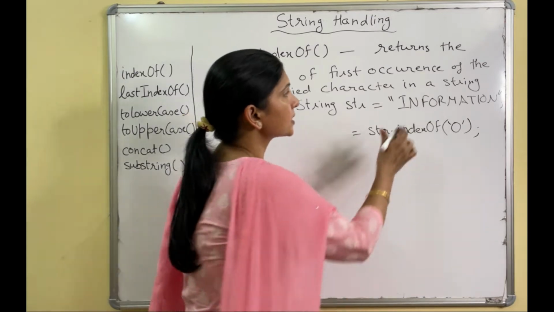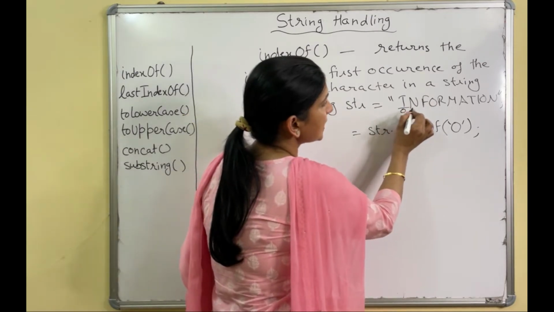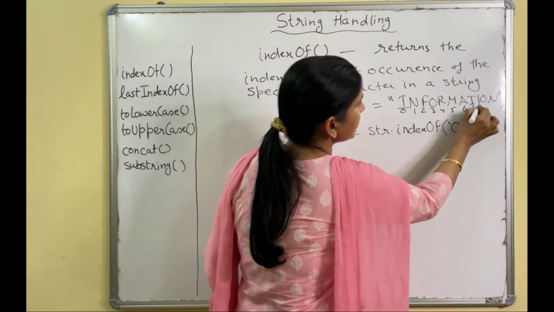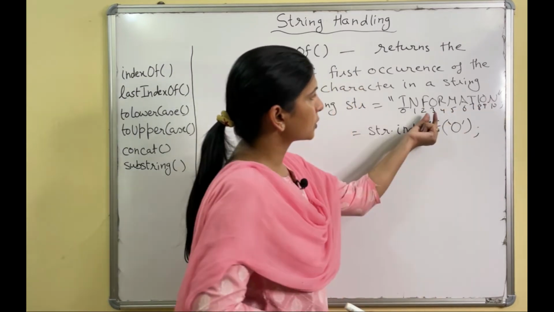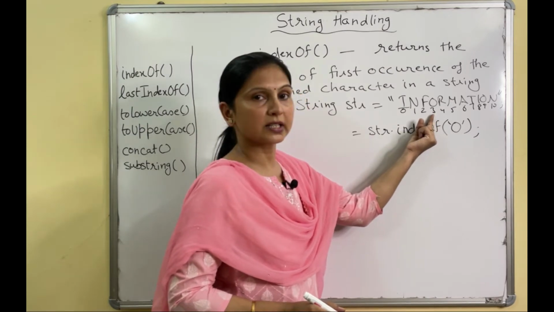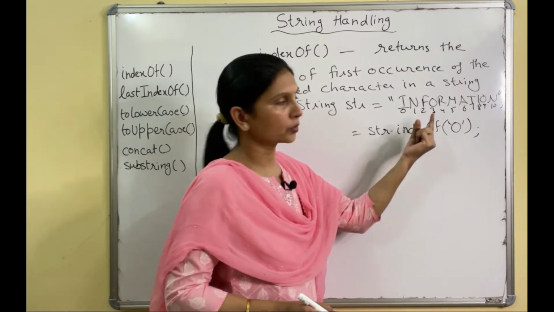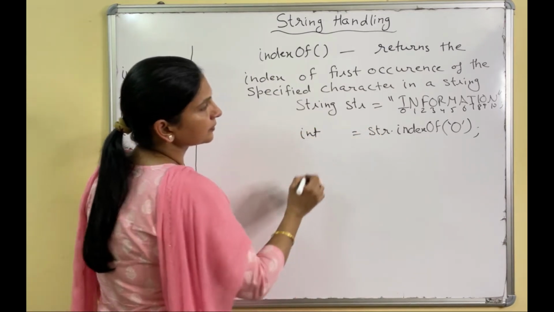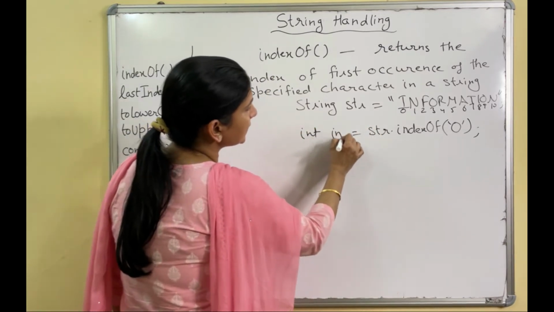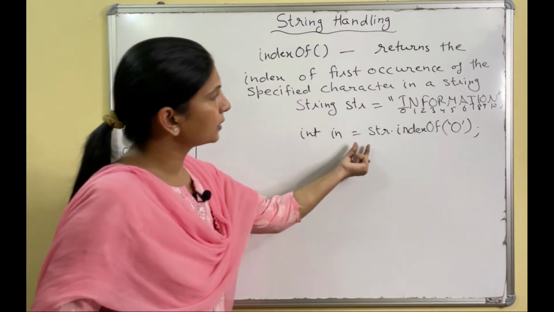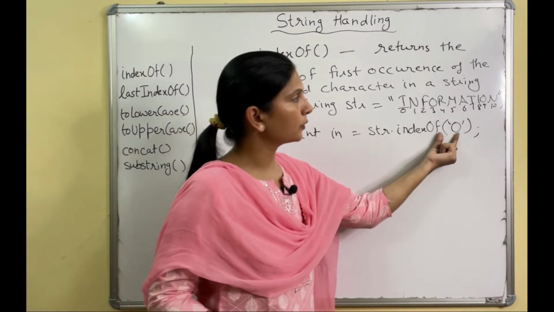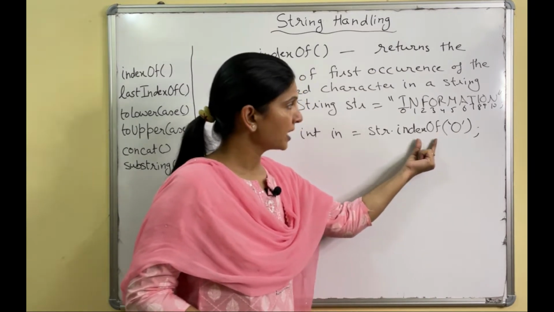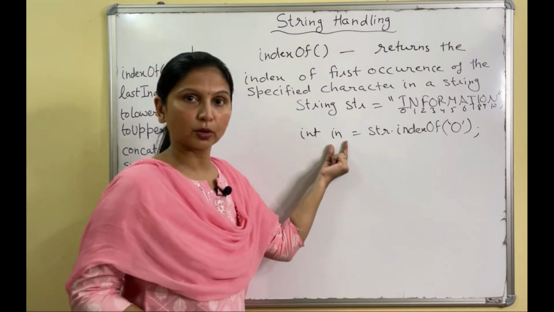And what is the index of this? If you see, the index starts with 0, 1, 2, 3, 4, 5, 6, 7, 8, 9, 10. So what is the index of this first character O? 3. So it will return 3. It should be assigned to an int. So I am taking int in equals str dot indexOf O. indexOf accepts the character as an argument and returns its index, which will be of int type.